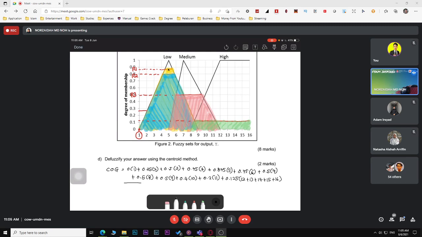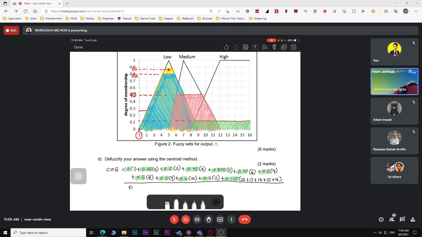Okay this will be divided with semua degree of membership yang you dah sebut dekat atas ni. Yang sini 0, 0.25, 0.5, 0.75, 0.875, 0.75, 0.5, 0.5, 0.5, 0.4, 0.2 dan 0.125. Cuma 0.125 ni sebab dia ada banyak, you kena darabkan berapa kali lah.